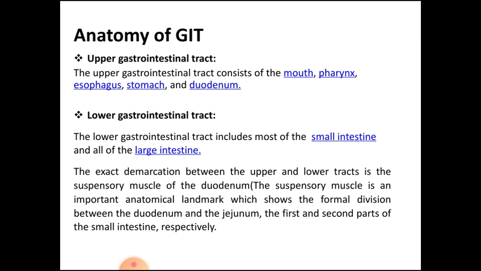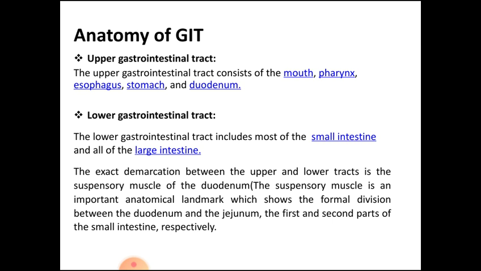The anatomy of the GIT is also divided into the upper gastrointestinal tract and the lower gastrointestinal tract. So, what is the upper gastrointestinal tract? The upper gastrointestinal tract consists of the mouth, pharynx, esophagus, stomach, and duodenum. The lower gastrointestinal tract includes the small intestine and large intestine.